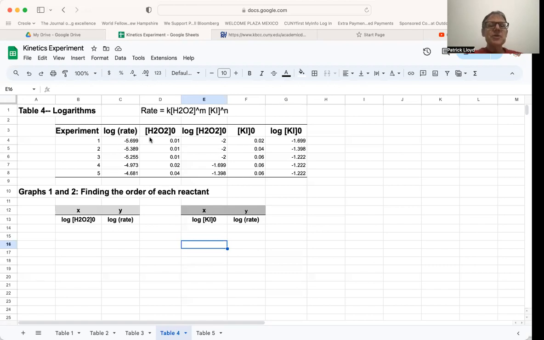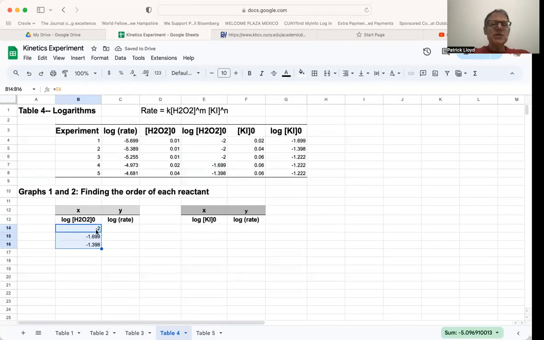So I'm going to look for the log of the concentration of peroxide. I'm just going to pick the 3 values. So I'm going to do equal sign, this one, and then I can go down. I'm just going to do 2 more cells. There we go, so I'm just copying these 3.